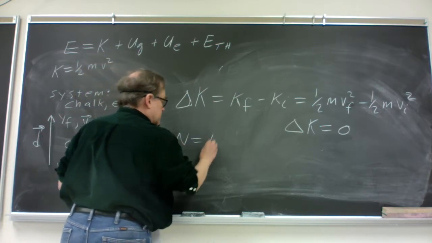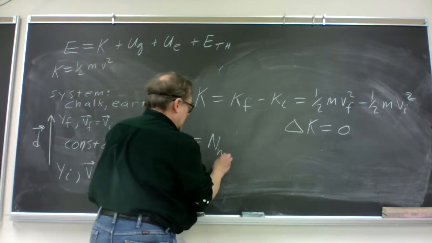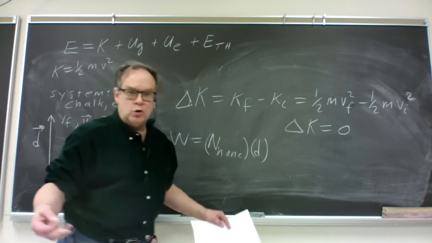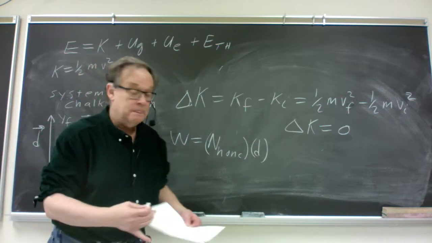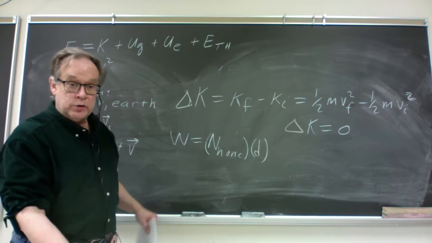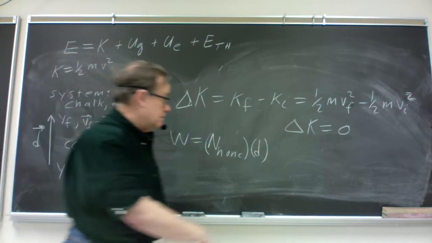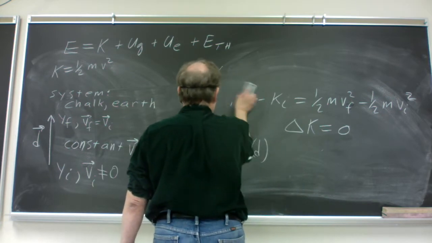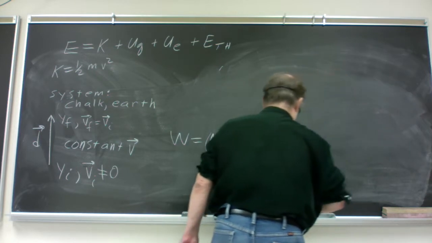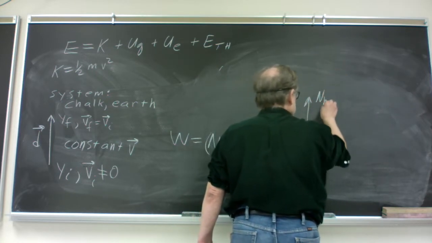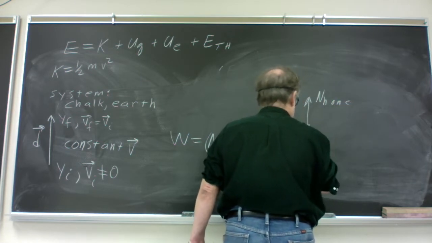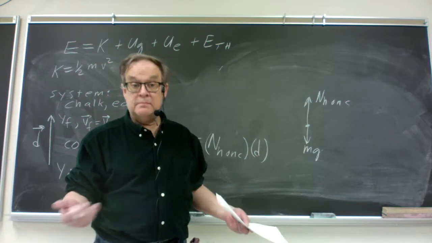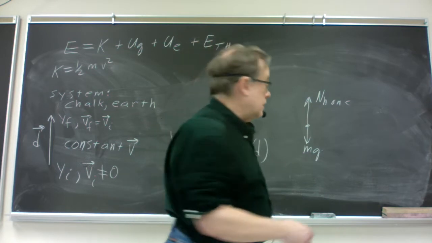Work done was equal to the magnitude of the force, the normal force from my hand on the chalk, times the size of the displacement, and then cosine of 0, which was just plain 1. But now, remember the chalk was moving at a constant velocity, and the forces on the chalk were the normal force and the weight, but constant velocity means 0 acceleration, no change in velocity.